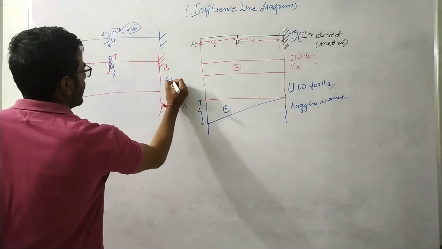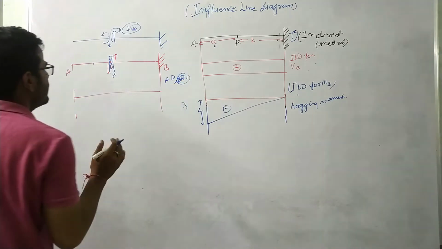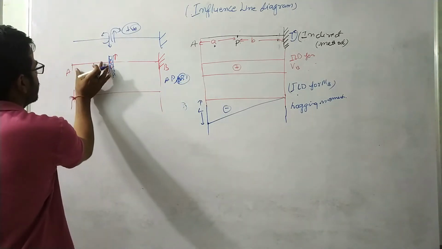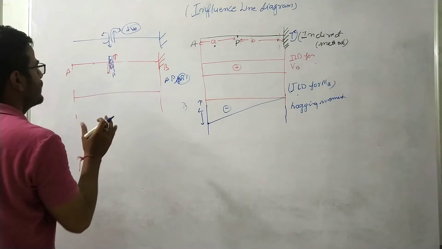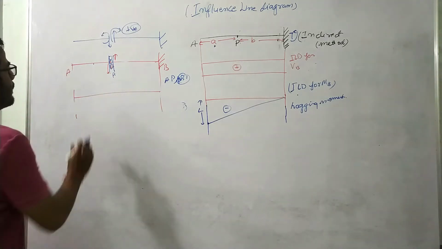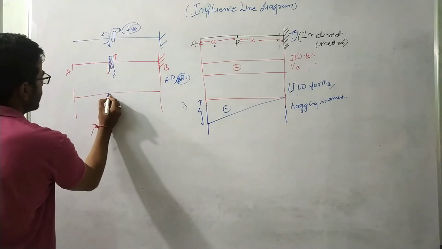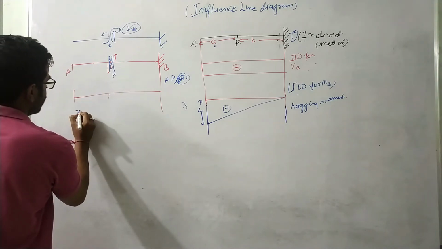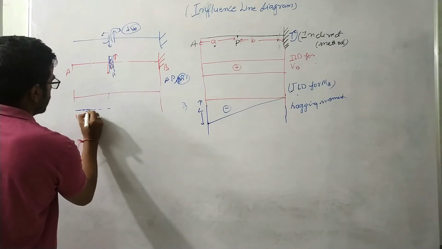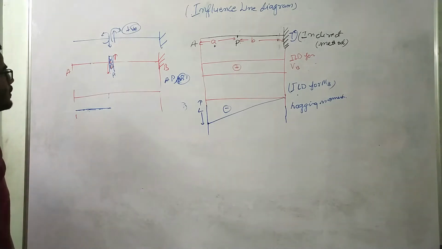One is AP and the other is PB. Okay, and when we are releasing the shear force, that means these members can move in the vertical plane. They are sharing each other, so they can move in the vertical plane. But you can see that when this portion is moving in the vertical plane, it will come down like this. This portion will come down like this, right?